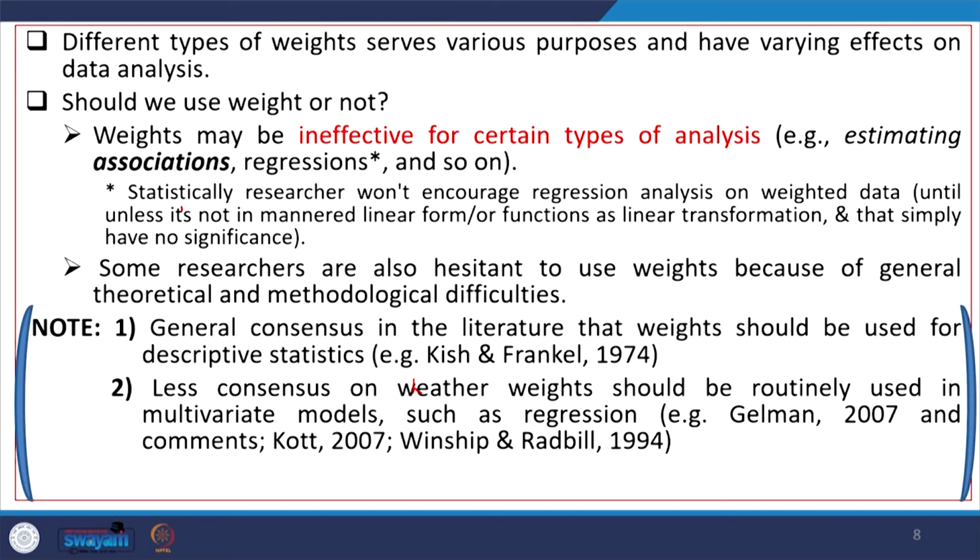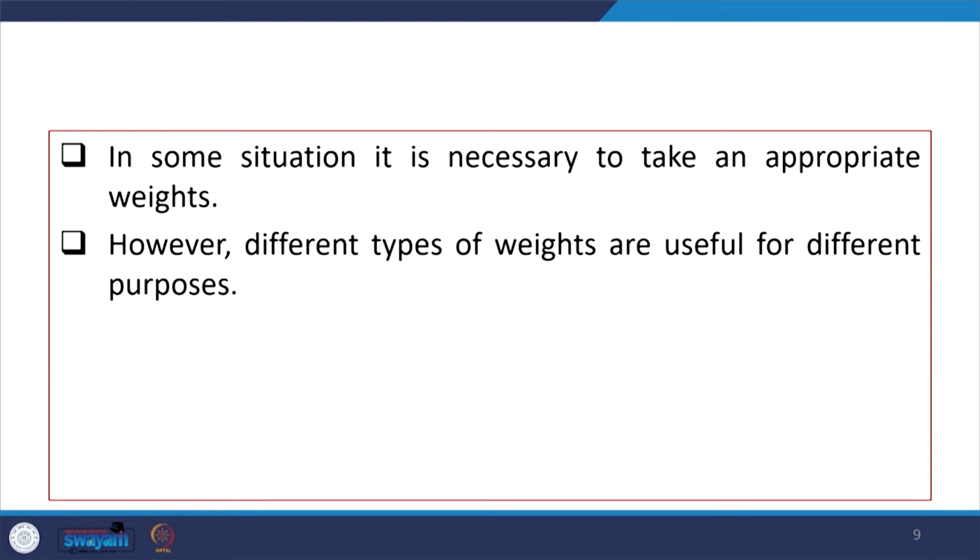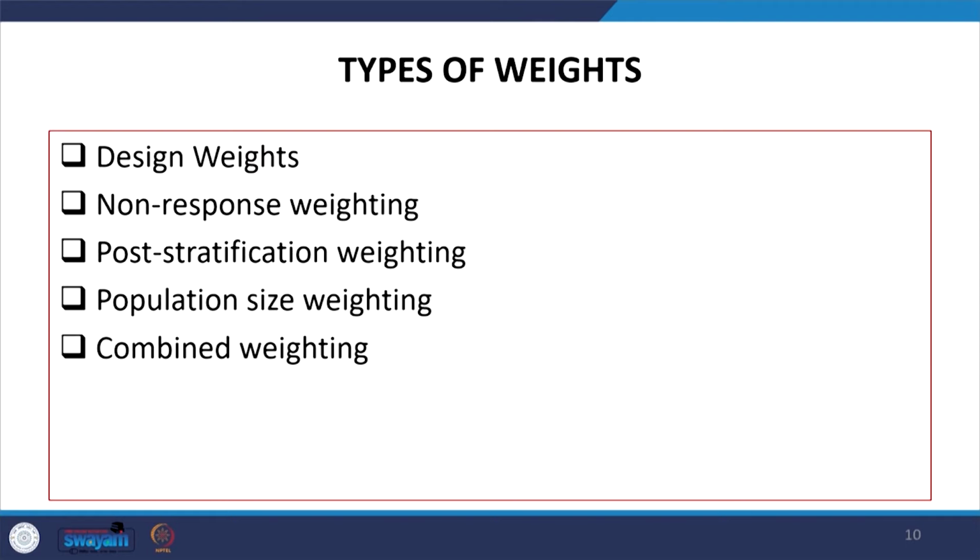So, there is less consensus in this aspect as well. Okay. So, now let us understand further details of all those things. In some situations it is necessary to take appropriate weights. However, different types of weights are useful for different purposes. So, we are going to clarify those details.